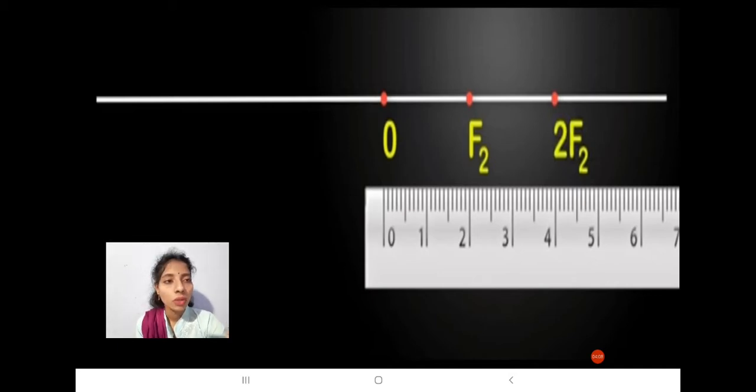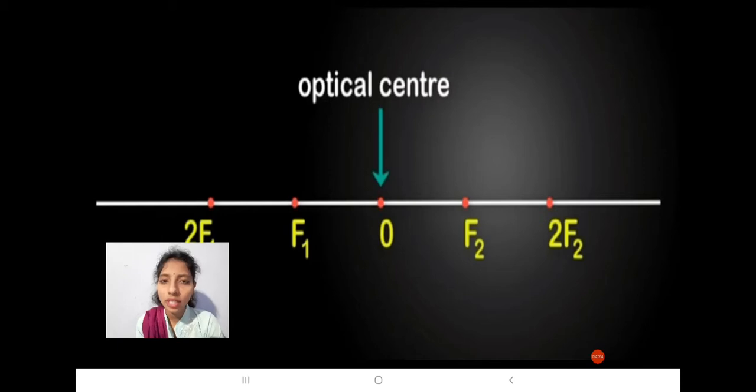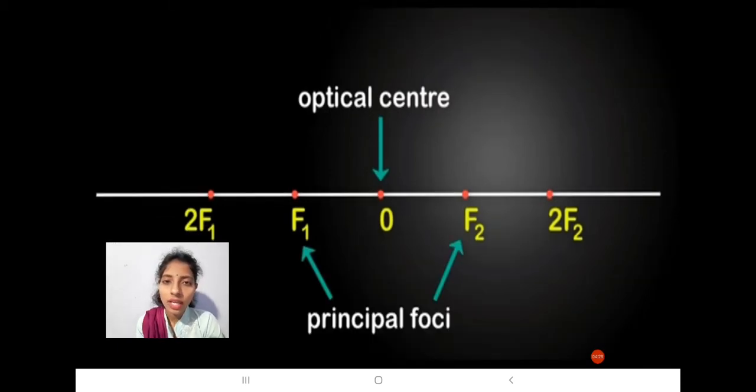For example, if from O to F2 the distance is 2 centimeters, we have to take from F2 to 2F2 also 2 centimeters. Like this we have to take on the right side and left side on the principal axis. Here the point O is the optical center and F1 and F2 are the principal foci.